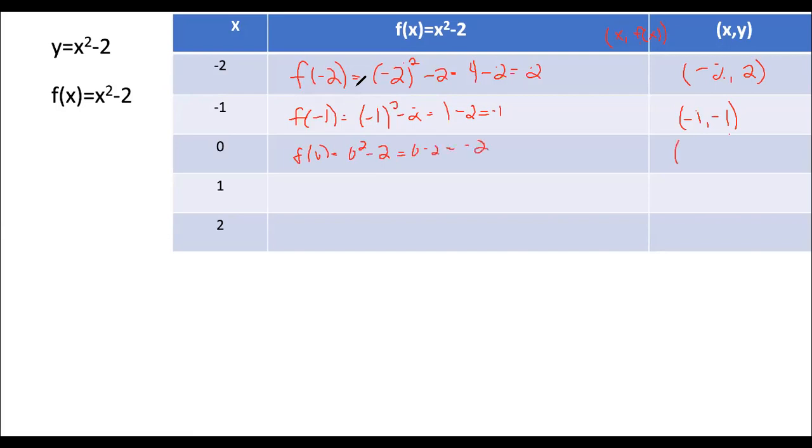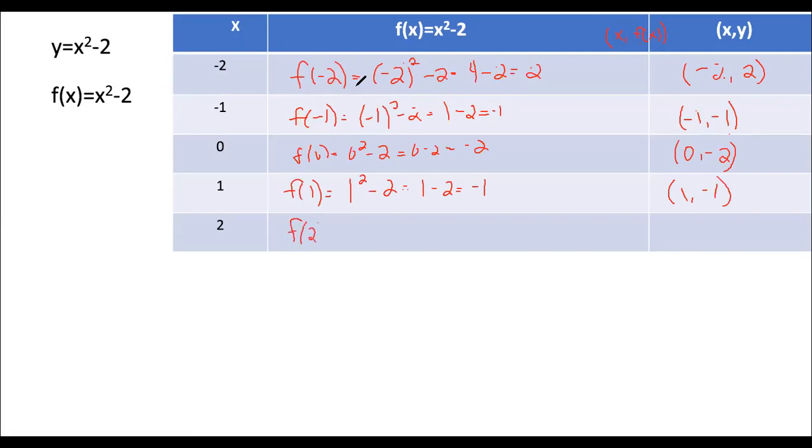So our third ordered pair is 0, negative 2. And f of 1, we plug 1 in where we see x: 1 squared minus 2. 1 squared is just 1, minus 2 is negative 1. So this is 1, negative 1.